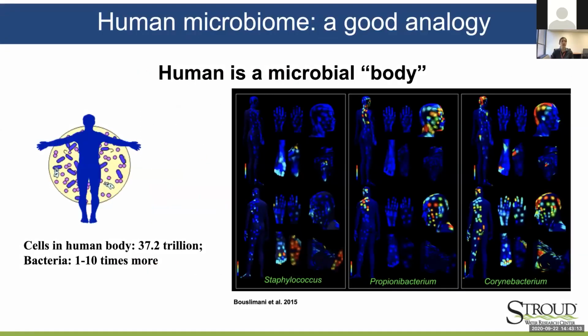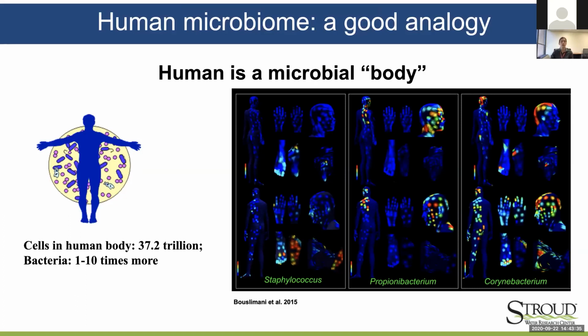So the human body contains tons and tons of microbes. Also, you may have heard about the Human Microbiome Project, which was an effort to categorize and understand all of these microorganisms on the human body. So if you consider Earth to be a microbial planet, you can also consider humans to be a microbial body.